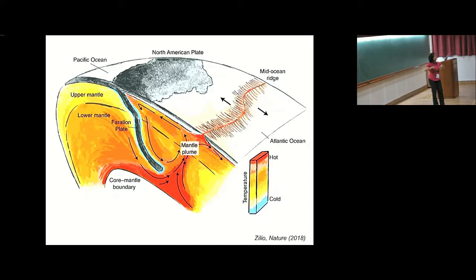You have churning, convection going on inside the Earth because of differences in density. You have dense masses that are sinking and lighter masses that are rising upward. Because of these density differences, you have these convection processes going on inside the Earth, and that's what controls what we see on the Earth's surface.